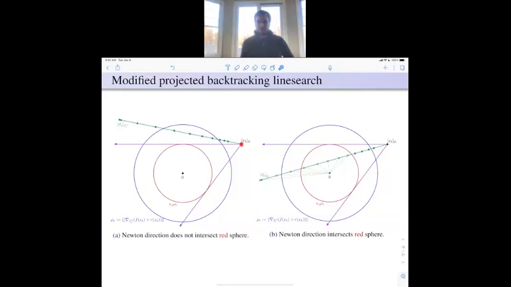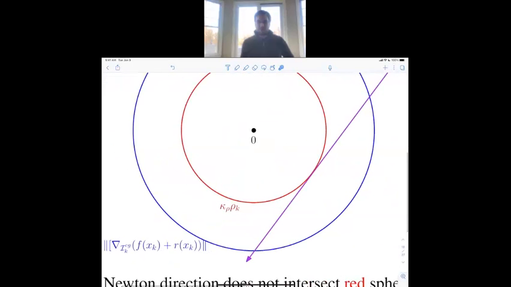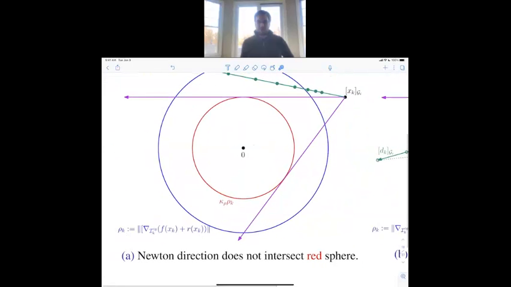The basic idea of how we decided to do that in our work is we create this ball, the blue ball here, centered at the origin. And importantly, the radius of that blue circle is given by this quantity here. You can see that it looks at the gradient of the objective function, but restricted to a certain subset of variables.